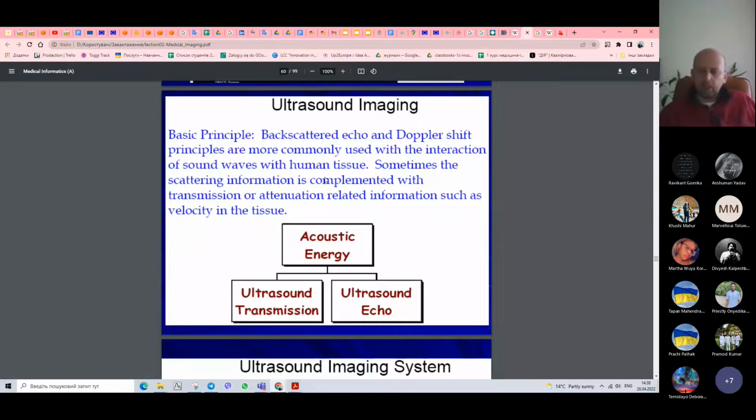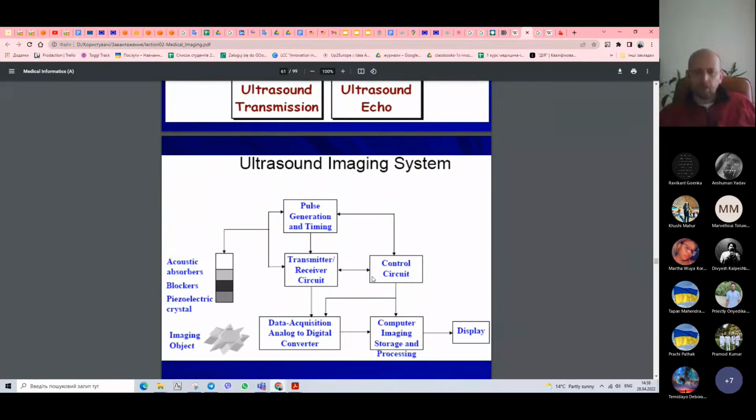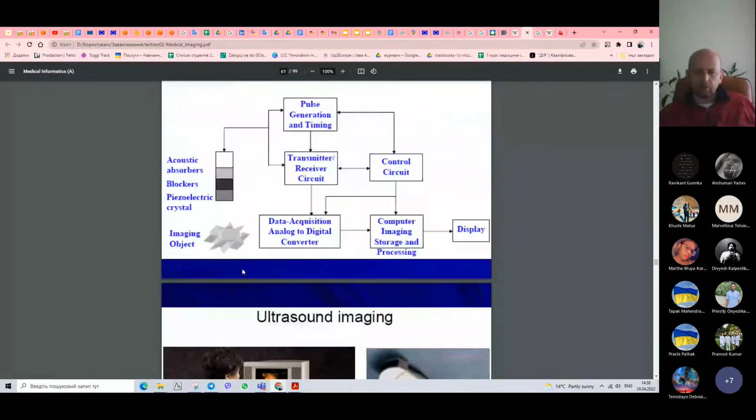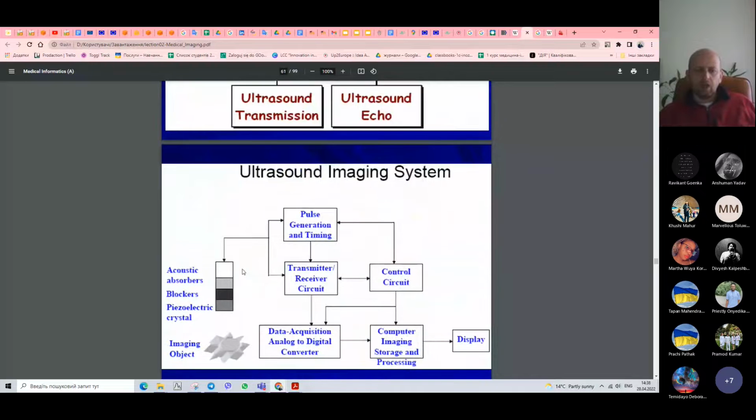We have acoustic energy, we have ultrasound transmission or ultrasound echo. Acoustic absorbers, blockers, piezoelectric crystals, image object. And in the result, this we will discuss now.